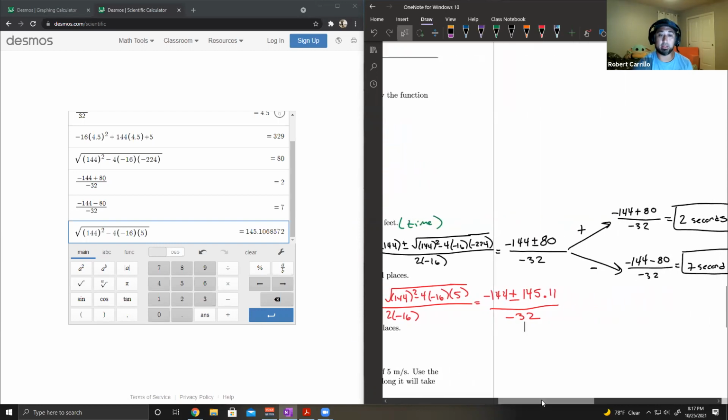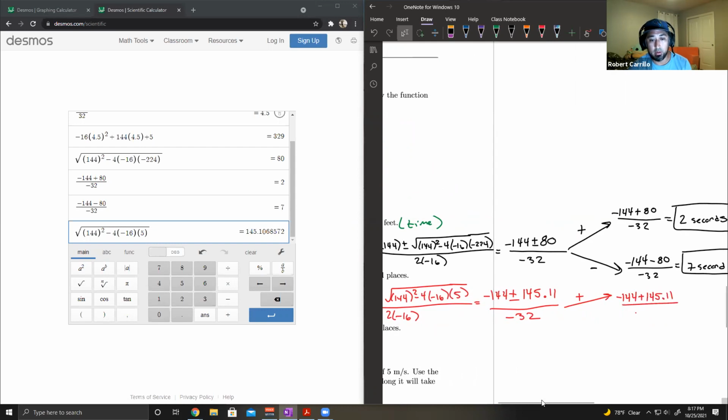And then once again, plus route, minus route. So negative 144 plus 145.11 over negative 32. And then minus, negative 144 minus 145.11 over negative 32.